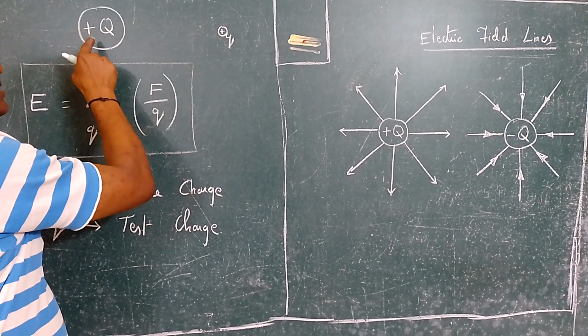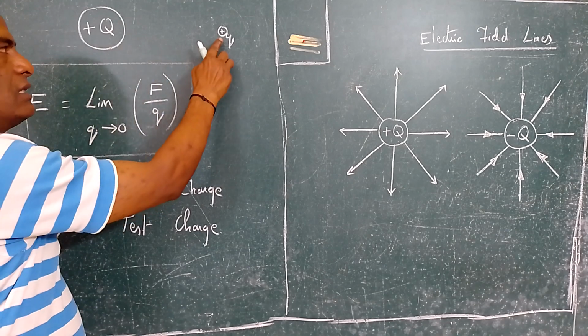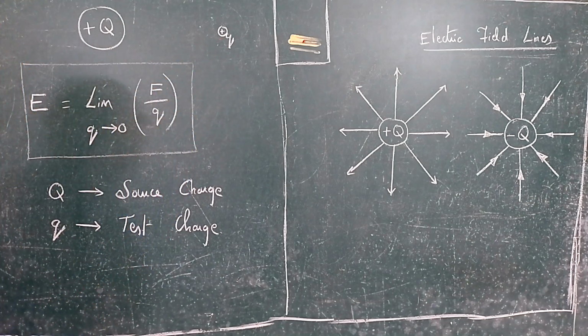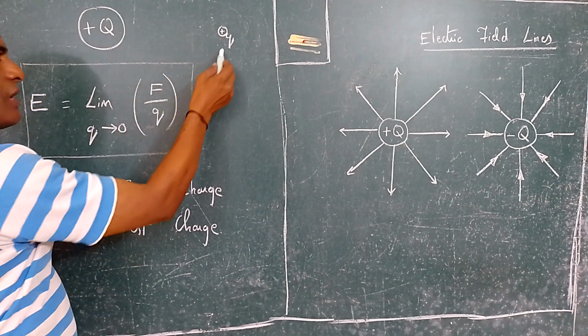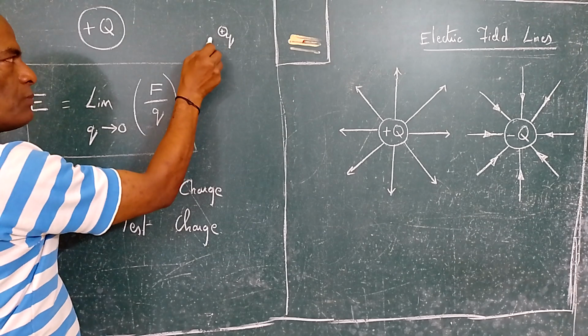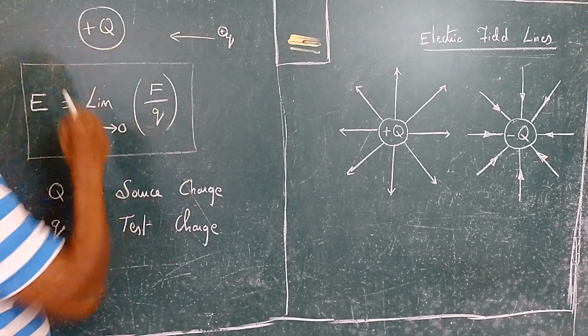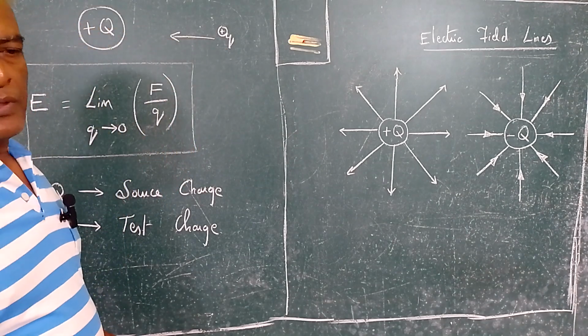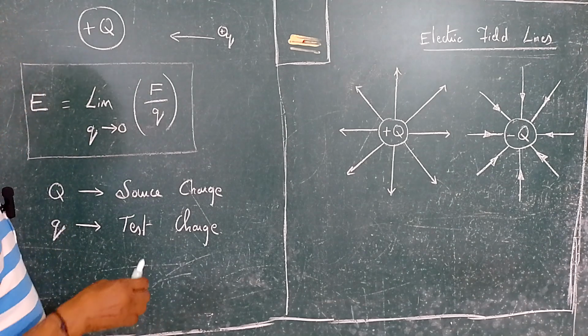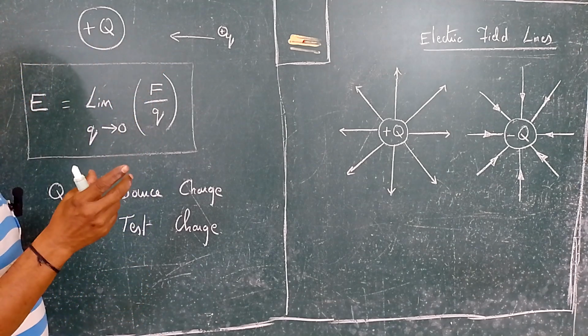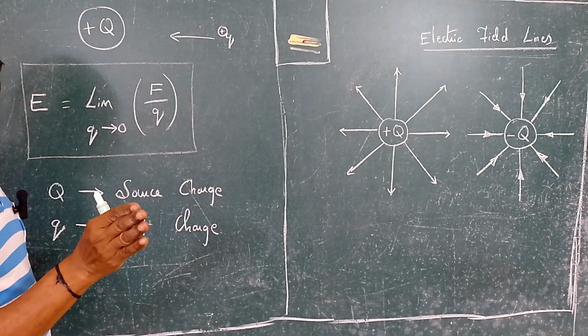So what is the significance of this equation? Suppose assume this is a positive charge and this test charge is also positive. Now if you try to move this positive charge towards this plus Q, there is a force, but it is a repulsive force.